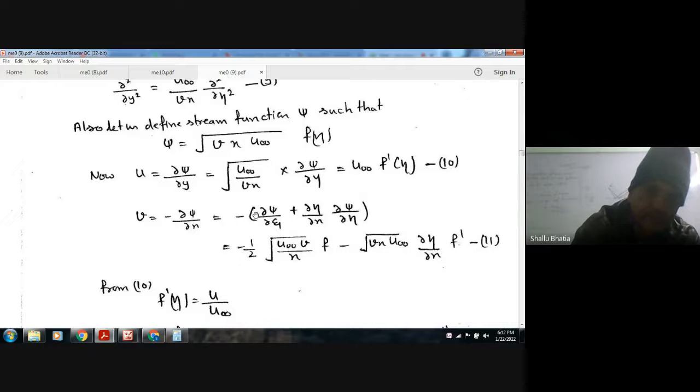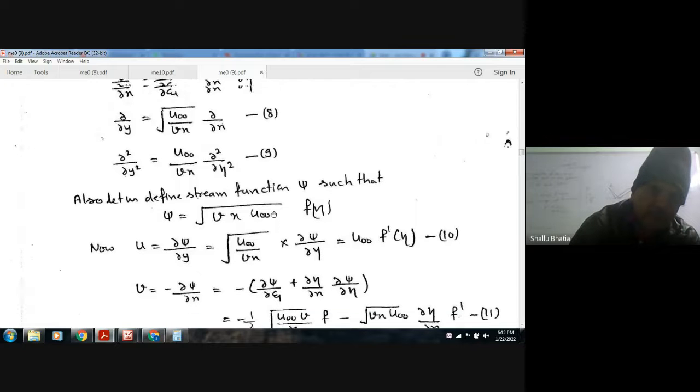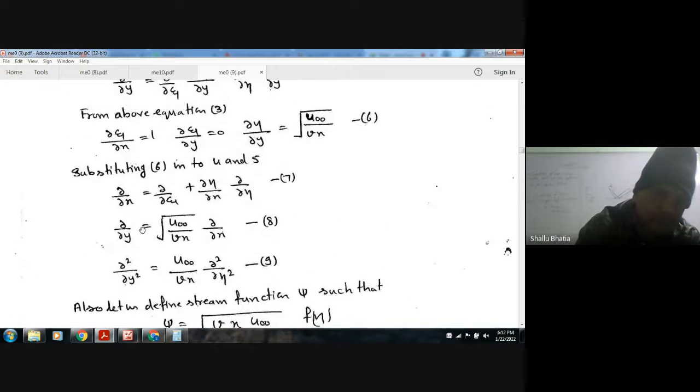Okay, and similarly we can also find v, that is ∂ψ/∂x. Putting ψ here; previously we put ζ here.